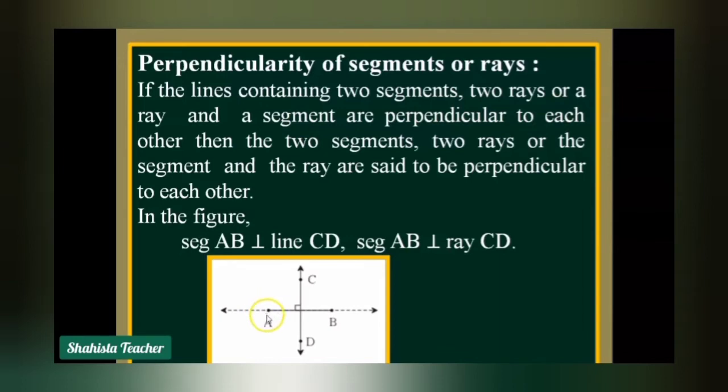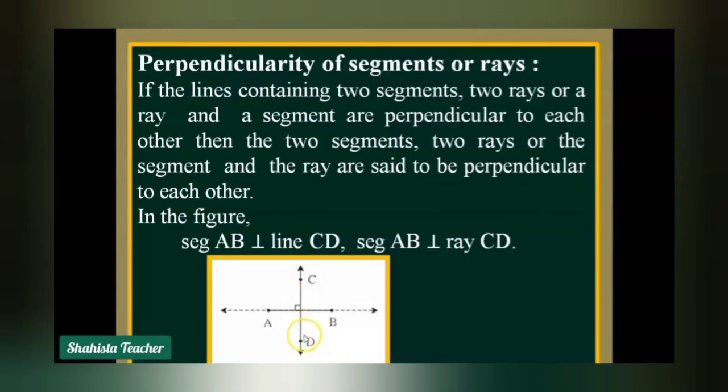That means we can say here that AB is perpendicular to CD. Segment AB perpendicular to line CD, or we can say that segment AB perpendicular to ray CD. Segment AB perpendicular to ray CD or line CD.